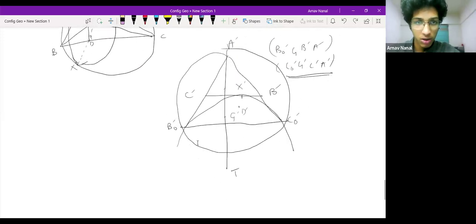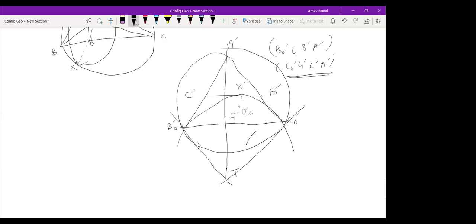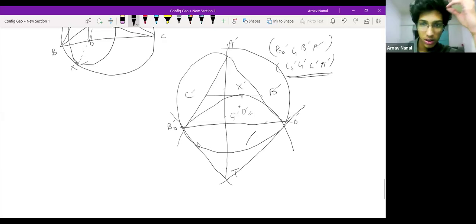Also, can you figure out what D dash is to the circumcircle of A dash, B naught dash, C naught dash? Circumcenter. Yes, it's the circumcenter. Can you show it?